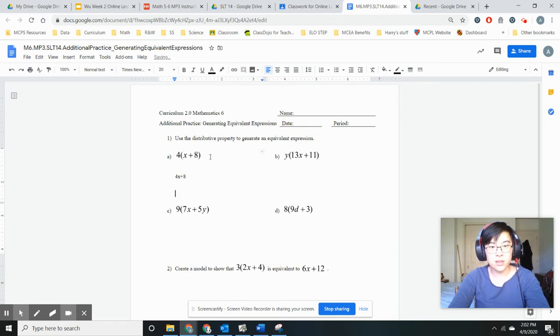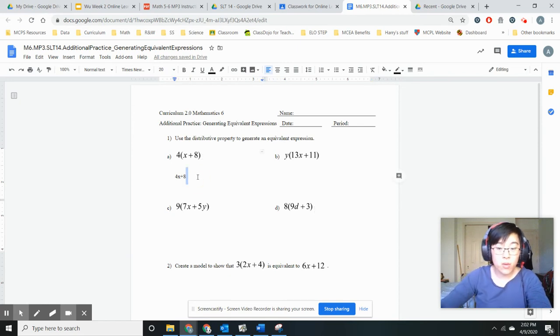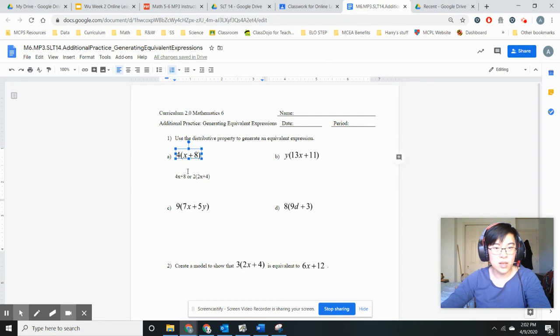It is also equal to, I don't know, I could put 2x plus 2x plus 4. Yeah, it really doesn't matter. You can do it like this, or you can do it like this. They both equal the same thing. All you have to do is generate an equivalent expression.